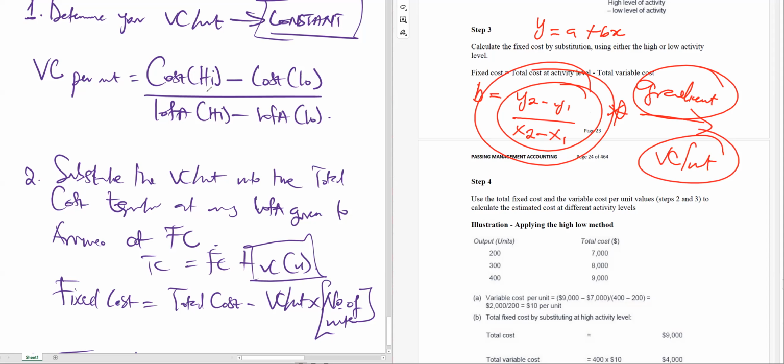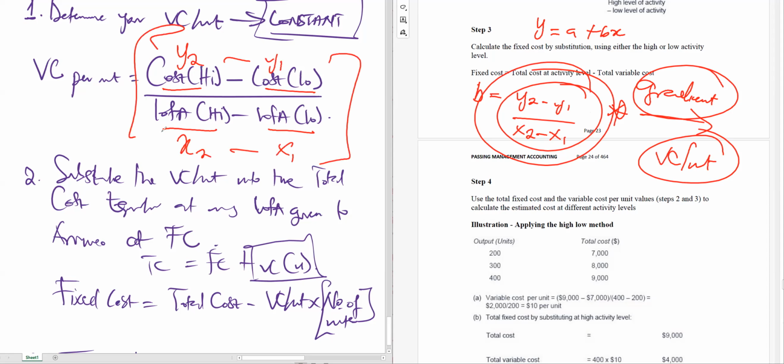The cost at the high level, cost at the low level, level of activity at the high and level of activity at the low is the same as the y2 minus y1 all over x2 minus x1, right? So you're actually getting your dy on dx.